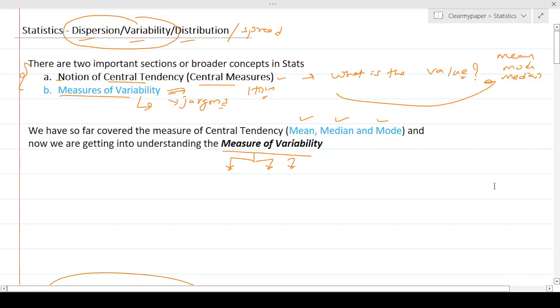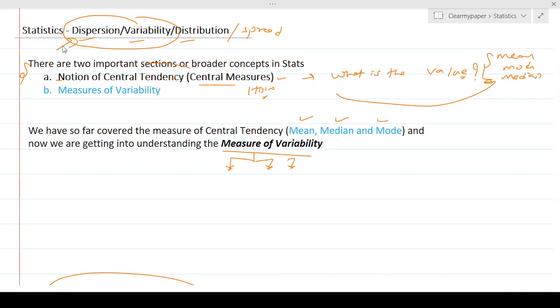That's the difference in how we calculate that. In the first part, we understood the concept of central tendency, and we knew there are many ways to calculate this measure, and we looked at three measures: mean, mode and median. Similarly, in this video we have now understood the concept of variability, or dispersion, or distribution, all of these jargons. And in the subsequent videos, we will talk about how to measure this, like we did with central tendency.